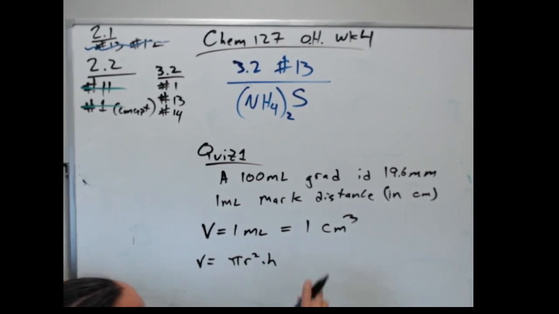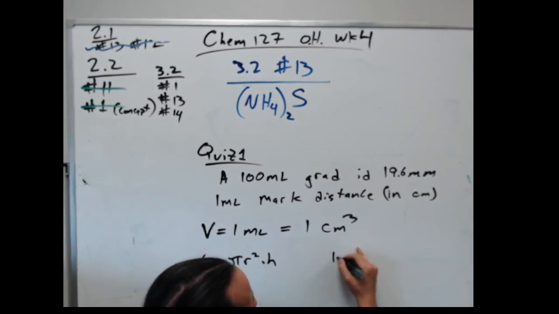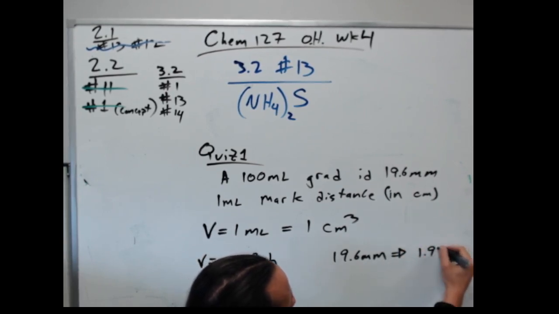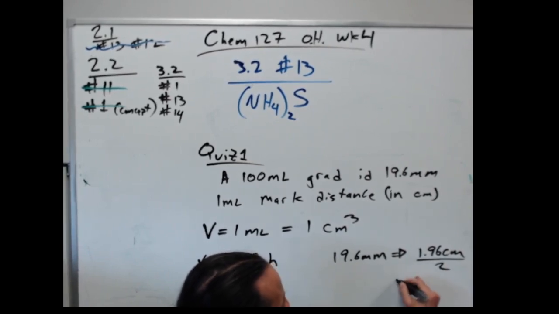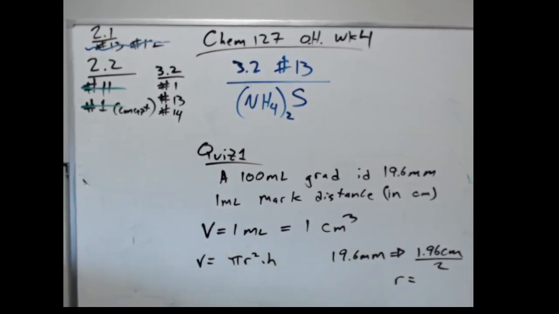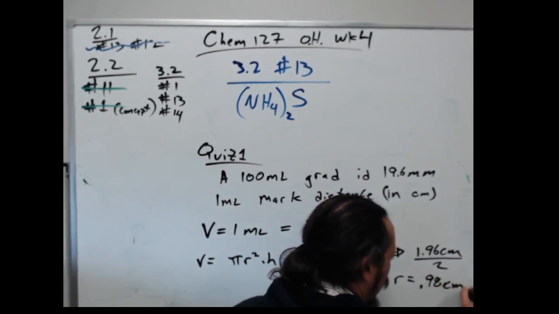My radius, I'm given the inner diameter, so I can take 19.6 millimeters and convert that to 1.96 centimeters. And then I can divide it by 2 to get my radius: 1.96 divided by 2 is 0.98 centimeters.